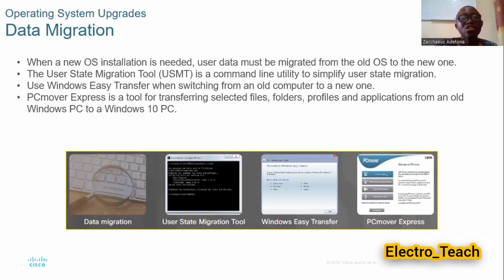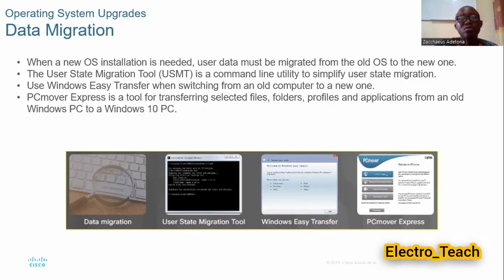Now, user state migration tool, USMT. It's a command utility that you can use to simplify user state migration. If you also want to, you can use Windows Easy Transfer. That is when you are upgrading from an old computer to a new one. Then we also have PC Mover Express.